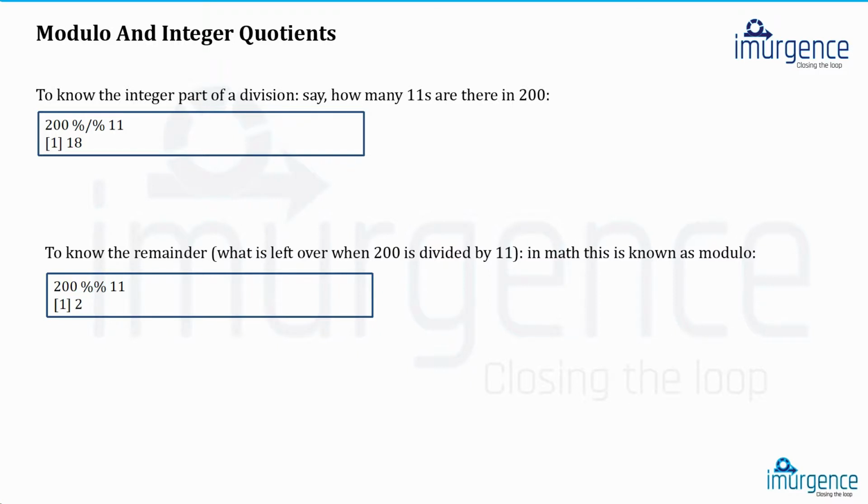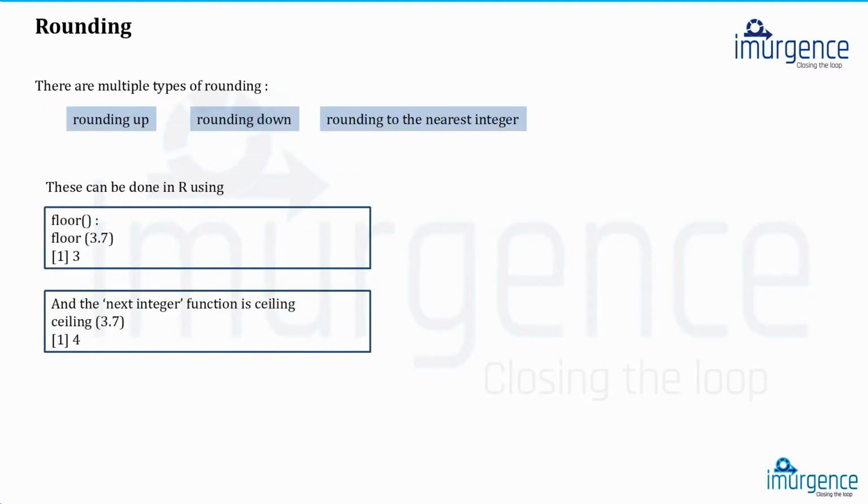But here our intention would be to get the integer quotient and the remainder portion. So you put the modulo operator just in front of the division sign, and that's where you get 18. To know the remainder portion, you will just remove the division sign. You'll type 200, then the percent modulo sign, and you say 11, and you get 2. That's how you will see it.